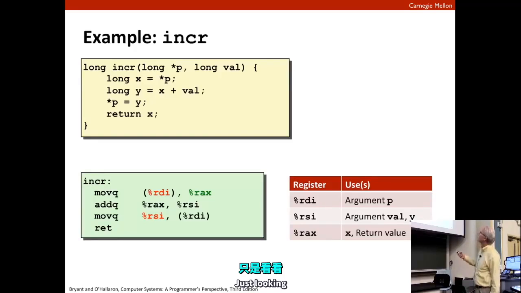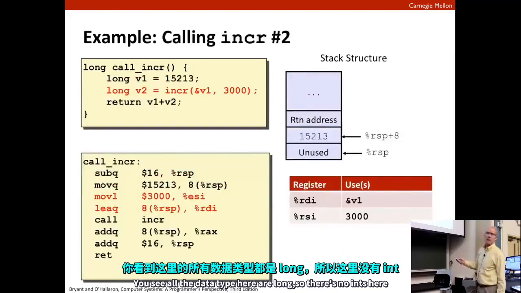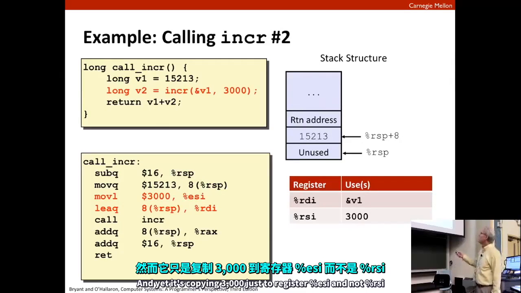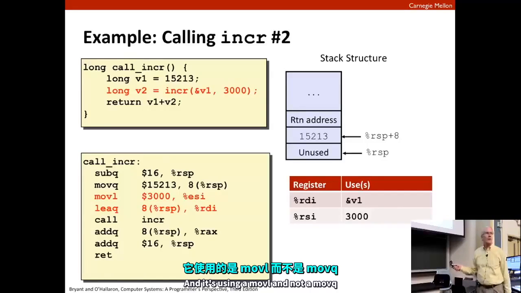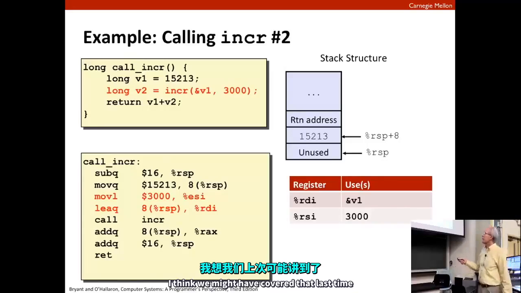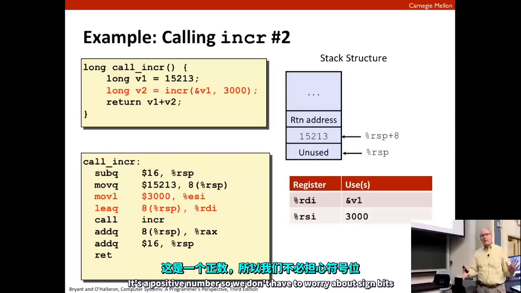One of the annoying features is you see all the data types here are longs. There's no ints here. And yet it's copying 3000 just to register ESI and not RSI, and it's using a movl and not a movq. I think we might have covered that last time. But 3000 is a small enough number it will fit in 32 bits. It's a positive number, so we don't have to worry about sign bits.